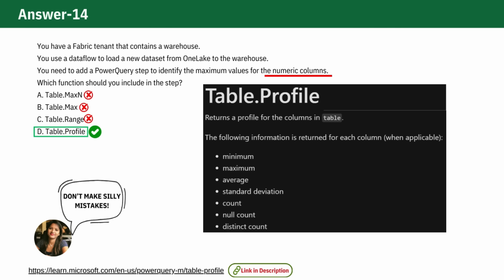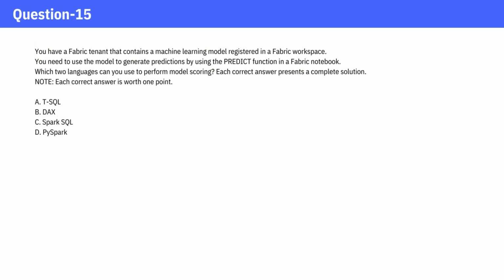Question 15. You have a Fabric tenant that contains a machine learning model registered in a Fabric workspace. You need to use the model to generate predictions by using the predict function in a Fabric notebook. Which two languages can you use to perform model scoring? Each correct answer presents a complete solution. A. T-SQL, B. DAX, C. Spark SQL, D. PySpark.